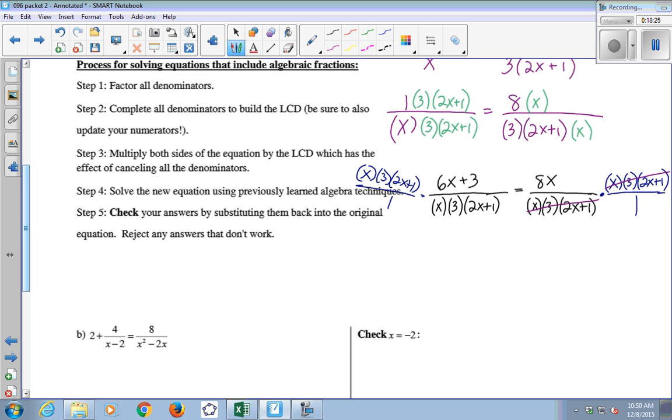Same thing on the left. 6x plus 3 divided by the common denominator times the common denominator. Those things cancel. And then what you're left with to solve is 6x plus 3 equals 8x. How easy is that? Subtract 6x from both sides, so you get 3 equals 2x. And x equals 3 halves.